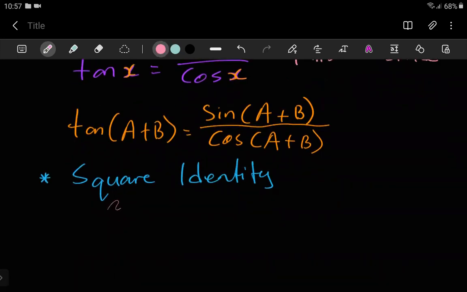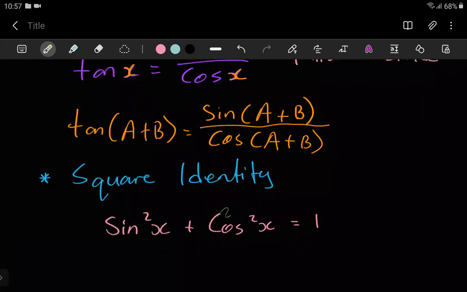It basically says sine squared of an angle plus cos squared of an angle is always equal to 1. So the square identity says the value here plus the value there, if you're squaring both of them individually, will always be equal to 1.